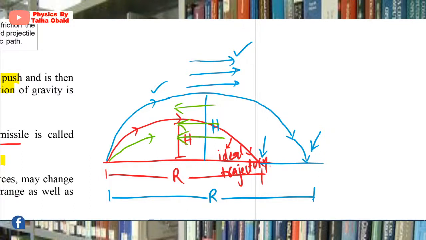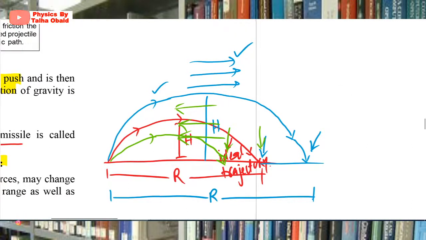In this case, the wind is opposing the path of the ballistic missile, so it would fall before the target. We were again expecting it to fall here, but it is being driven here. So again the range is decreased, and again the height is affected.